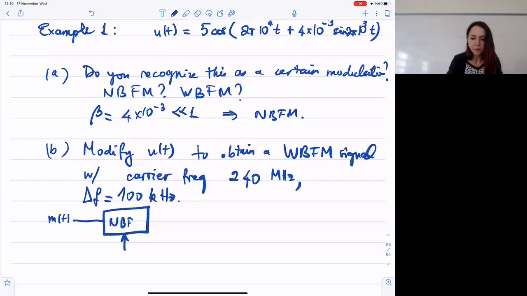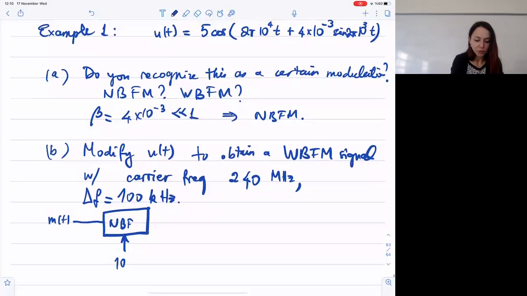What is the center frequency here? The first carrier, 10 kilohertz. And we have at the output u of t.